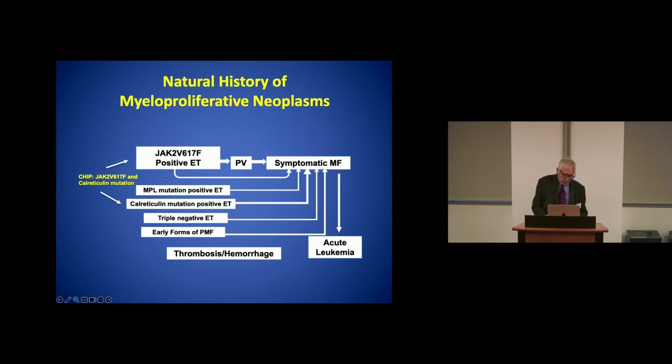So the disorders that we're interested in are essentially ET, polycythemia vera, and primary myelofibrosis. These are all stem cell disorders. What we've learned over the last decade or so is that many of these patients have a very early form of a hematologic disorder, even when they have normal blood counts, called clonal hematopoiesis of indeterminate potential, when they have just a JAK2 mutation or a calreticulin mutation.